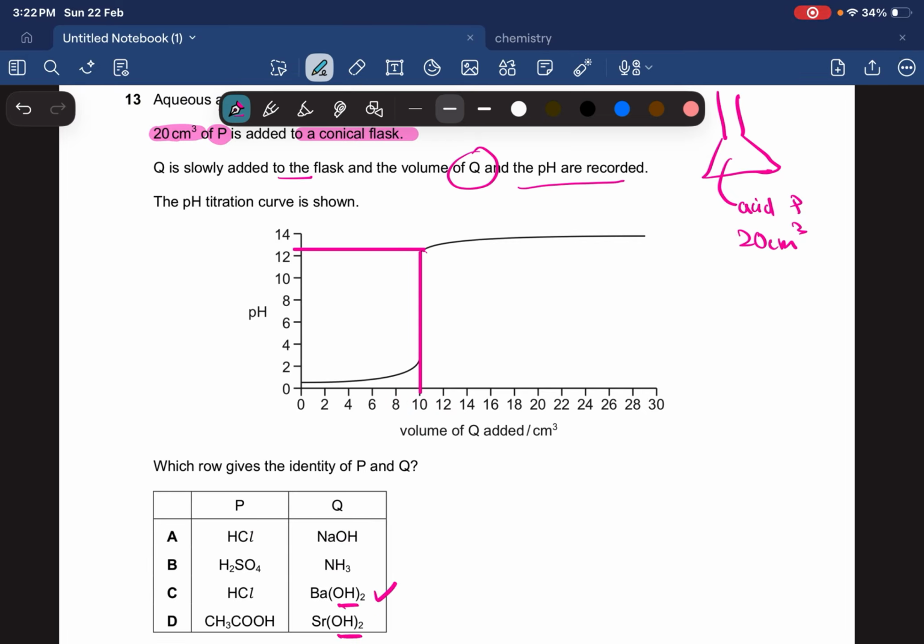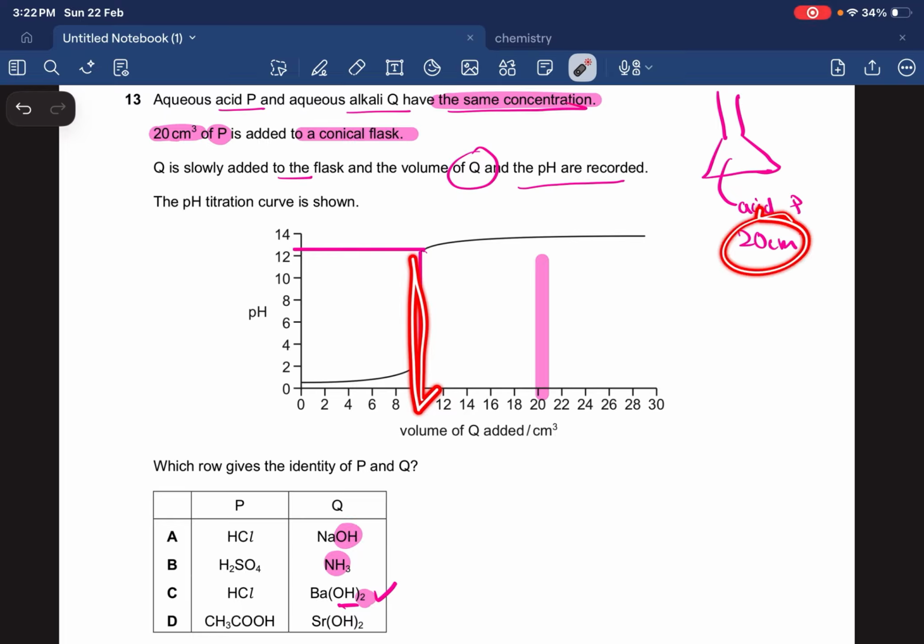That's why half the volume of the same concentration is neutralizing the acid. That's a tricky part over here. If 20 cm³ of Q would have been used, then we would say it would be NaOH or NH3. But no, now we need double the hydroxides because we're using half the volume, and they both have the same concentration.